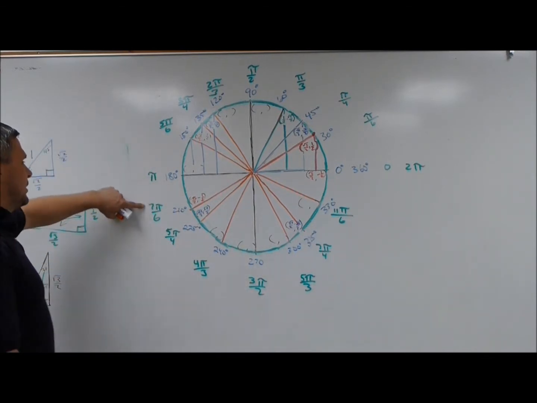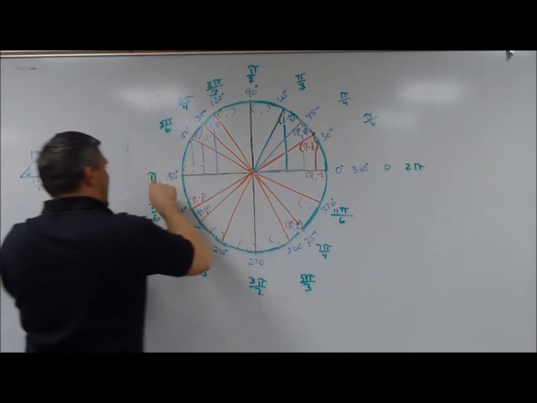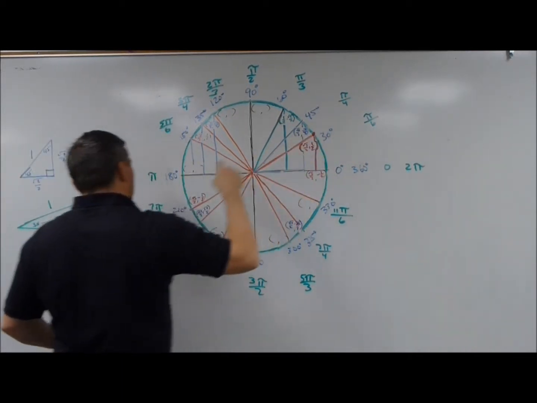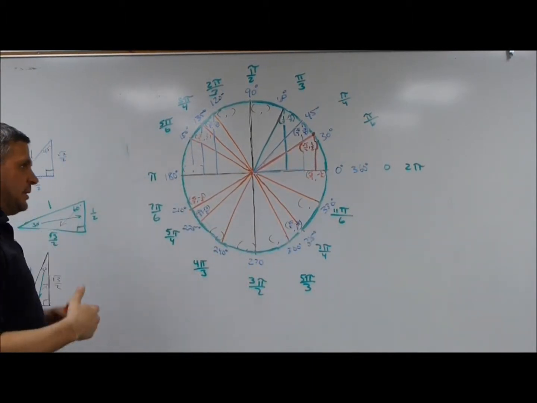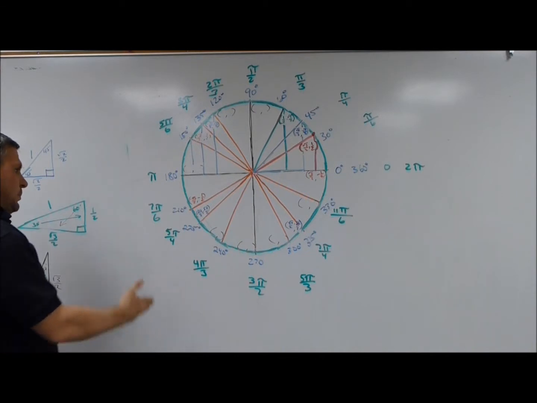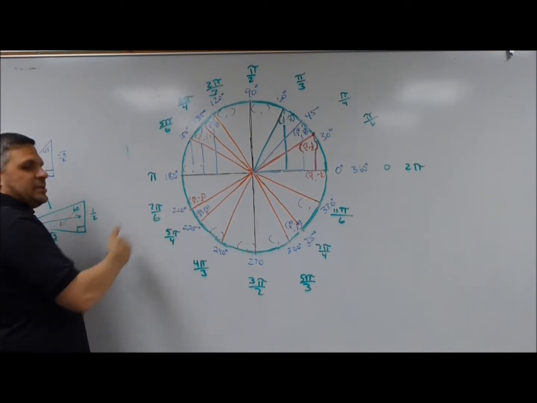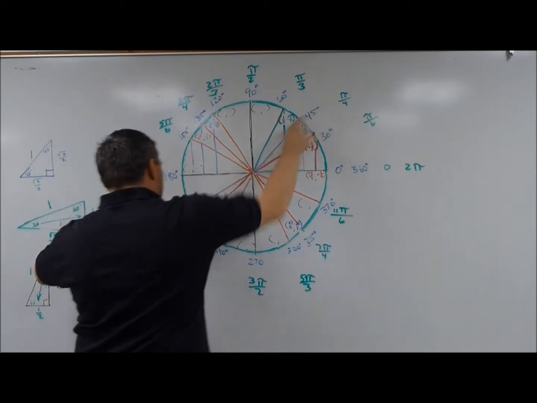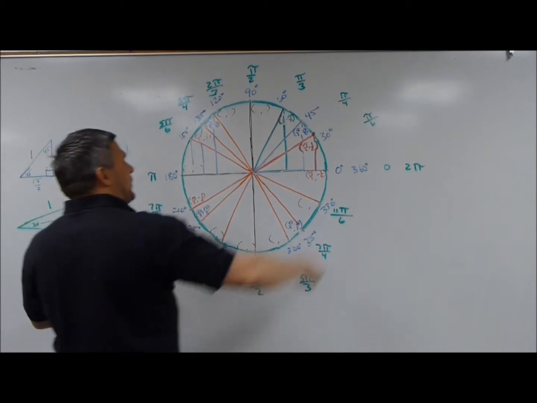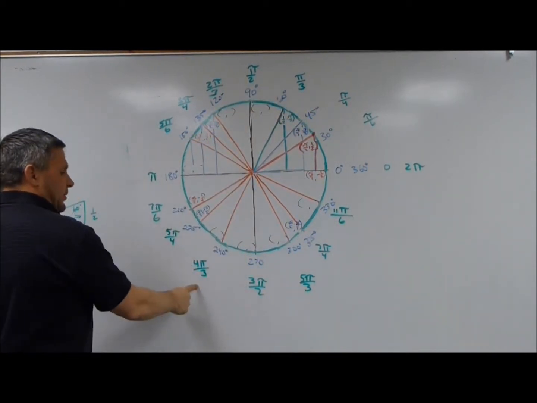So all we're doing here is basically adding 1 pi to this. So 1 pi plus 1/6 pi gives me 1 and 1/6 pi, which is 7 pi over 6. And then we add 1 to this one and get 5 over 4, and 1 to this one, 3 plus 1 is 4 over 3.